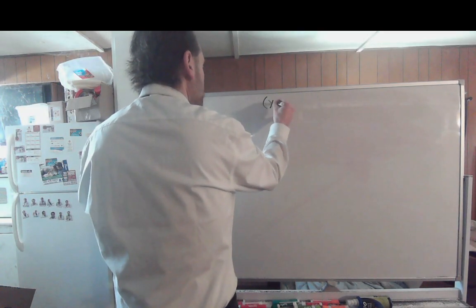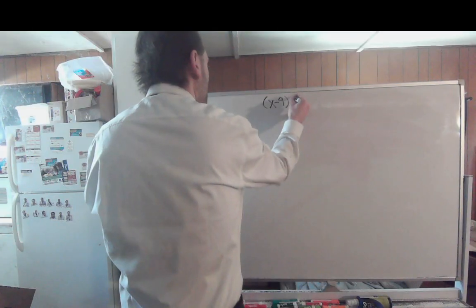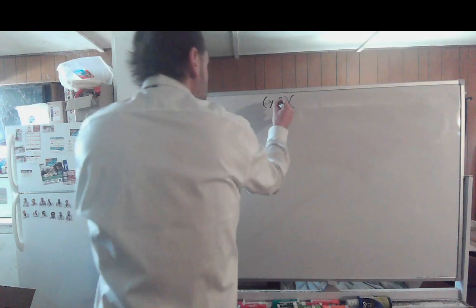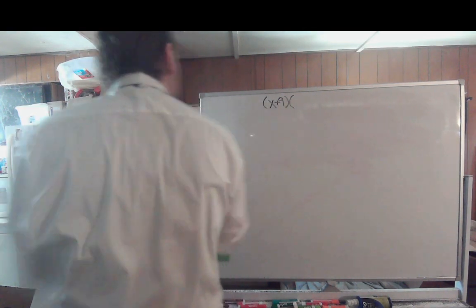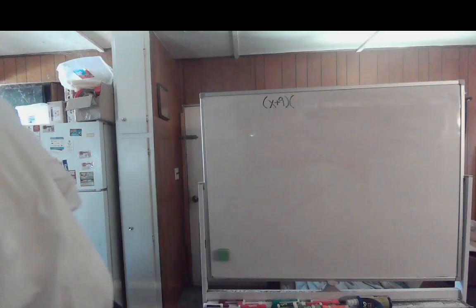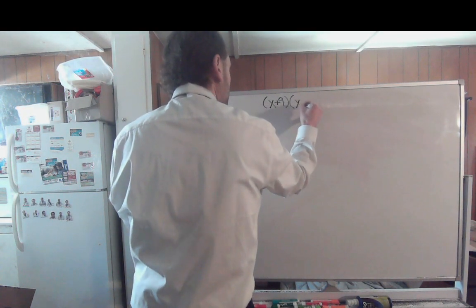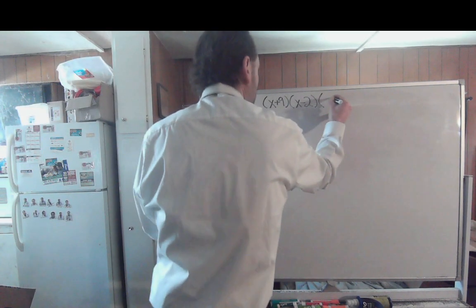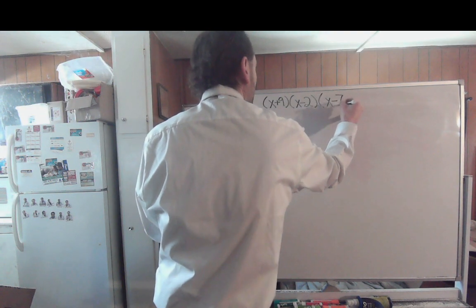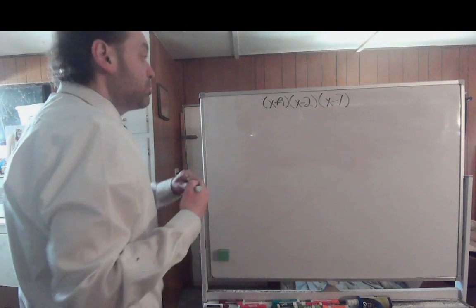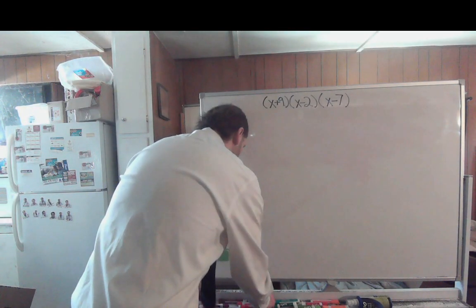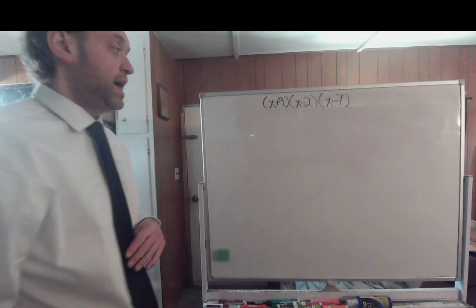So we'll have x plus 9, that quantity, times x minus 2 times the quantity of x minus 7. Alright, so now we're multiplying three binomials. So how the heck are we going to handle that?